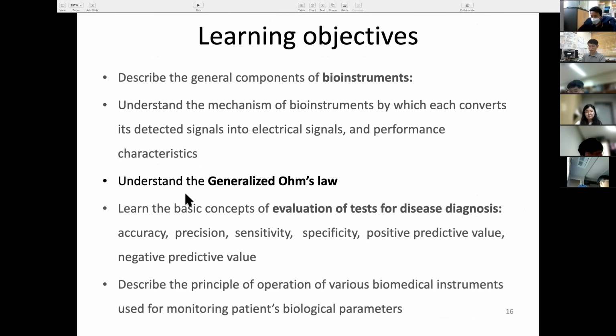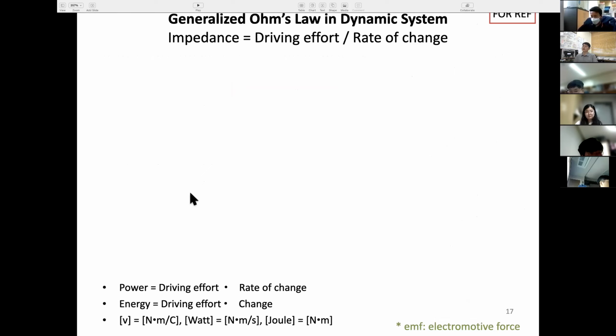Okay, so I want to discuss the generalized Ohm's law, but today the most important thing is I want to discuss bioinstrument sensitivity and specificity. So I'm going to skip this.